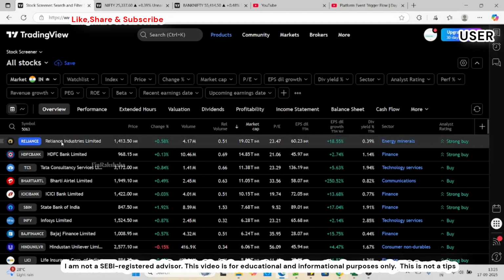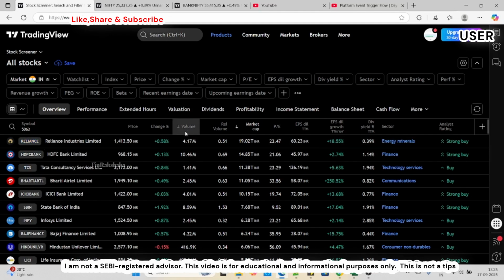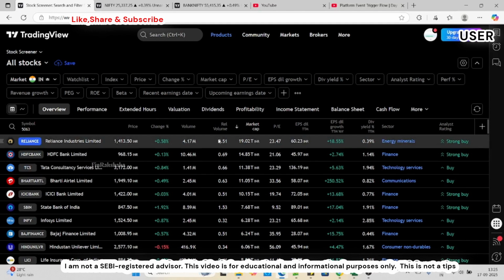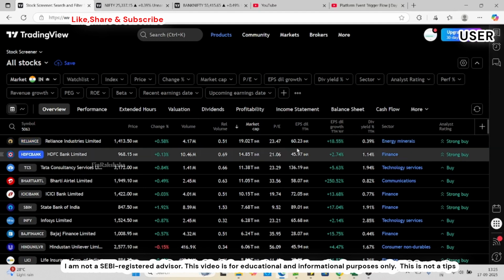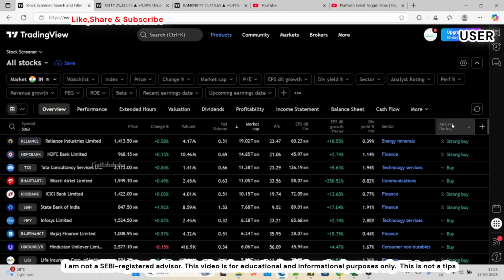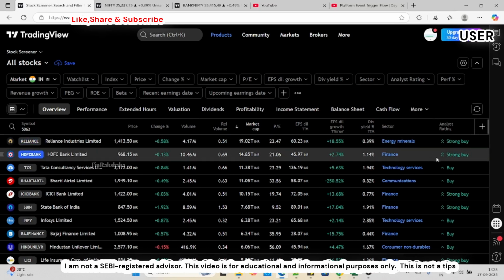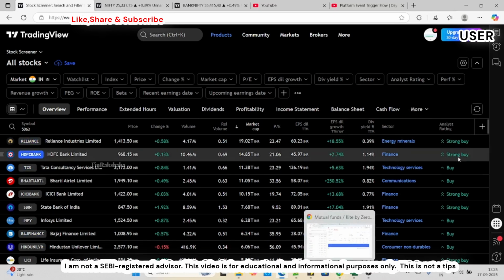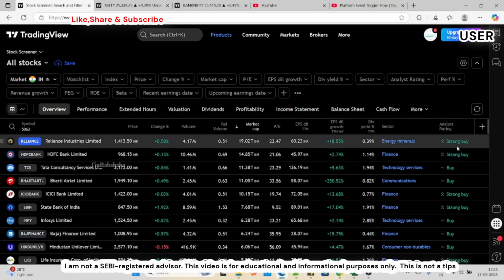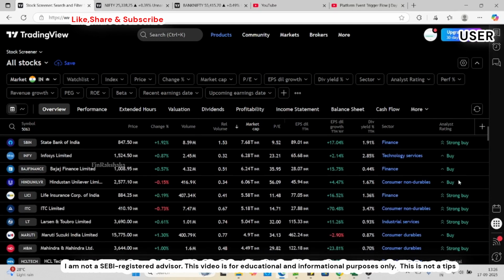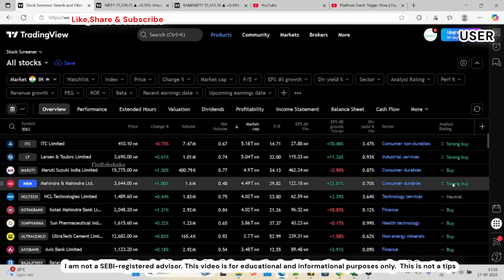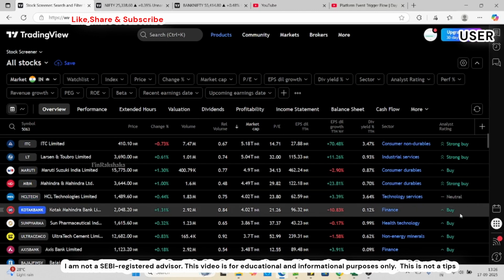You can see Reliance, the change in volume, the percentage of change, market cap, PE, all these details. Similar to forensics in Tijori, they are also suggesting stocks here. You can take some decision by checking the fundamentals of the company.